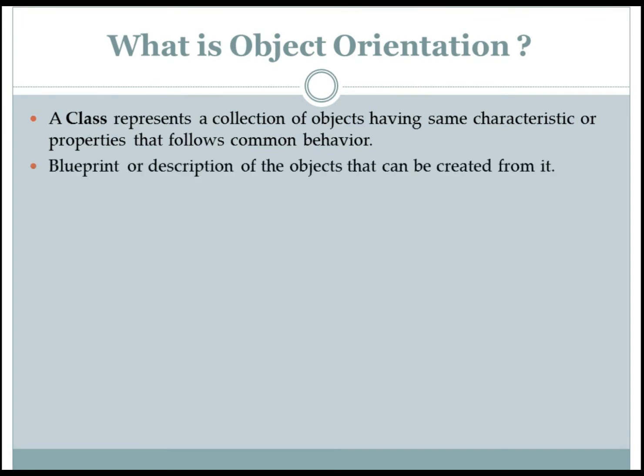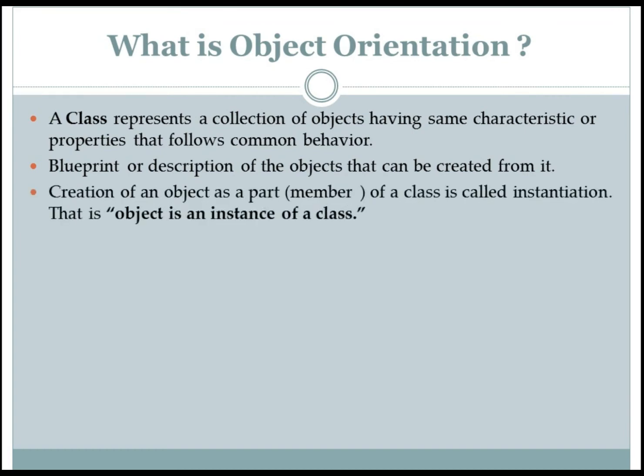A class represents a blueprint or description of the object that can be created from it. That is the class and object relation. The creation of an object as a part of a class or as a member of a class is called instantiation. So we can say an object is an instance of a class.